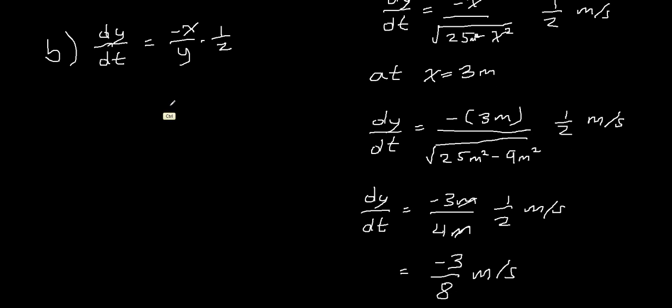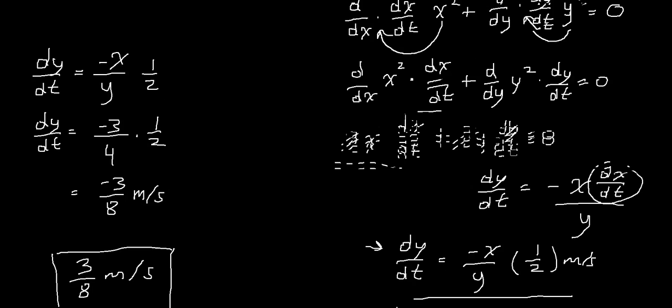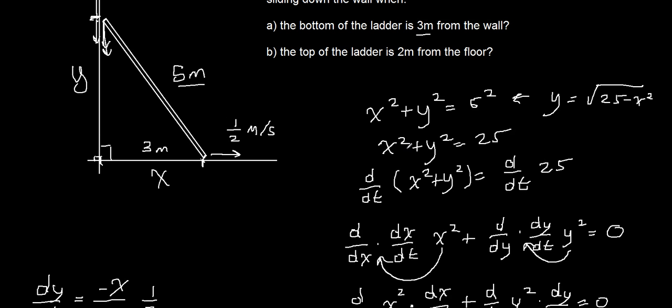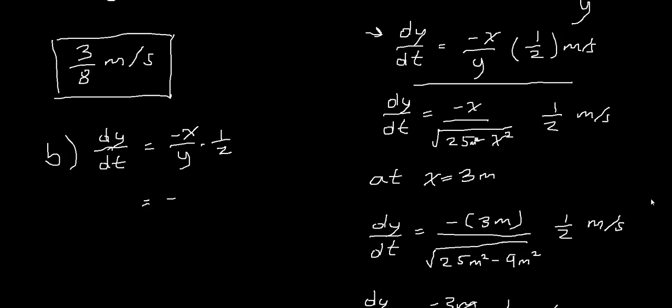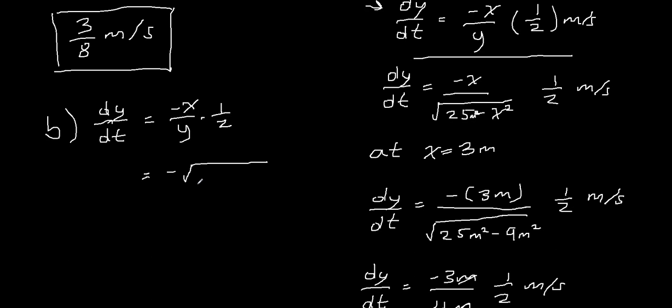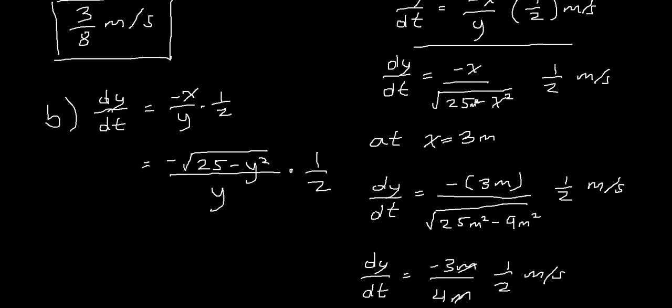dy over dt equals negative, and x is going to be equal to, if you remember your original equation up here, x is going to be equal to root 25 minus y squared. So let's write that. Negative root 25 minus y squared all over y times a half. And you know that y is 2, right?